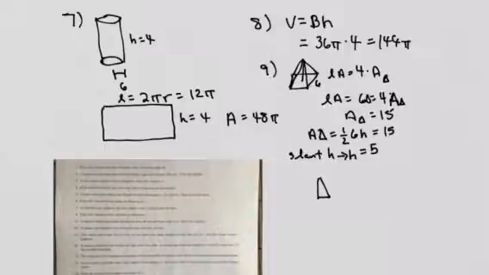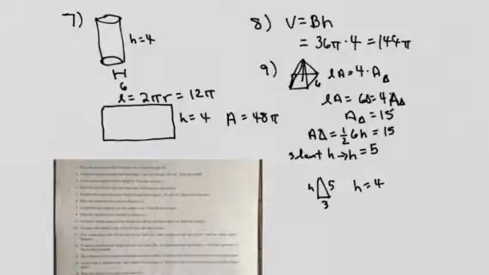And so what we know so far is that that's going to be the height. This is going to be 3, half of 6, and the hypotenuse is this slant height, which we just calculated. That is 5. That's a 3, 4, 5 right triangle. So h equals 4, the height of the pyramid.